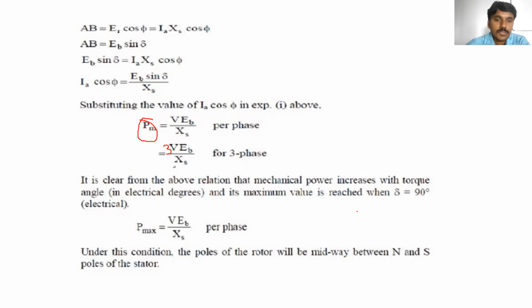When is mechanical power improved? When delta is equal to 90 degrees, obviously the mechanical power also increases, because the mechanical power is directly proportional to the torque angle.